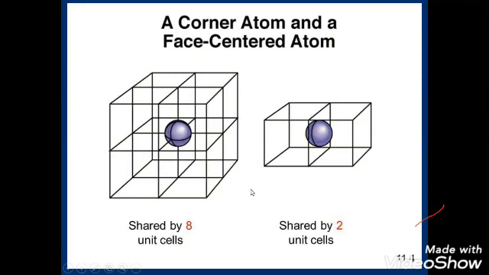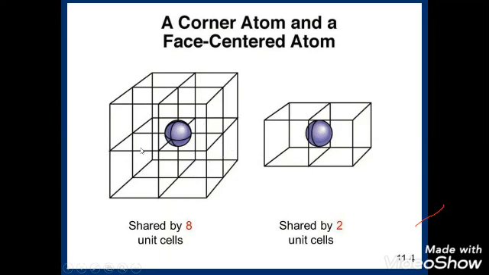Now this is an interesting thing you see. So how many cubic unit cells are there? 1, 2, 3, 4, and 1, 2, 3, 4. So how many cubic unit cells are there? 8. Can you see it? 4 at the top and 4 at the bottom.